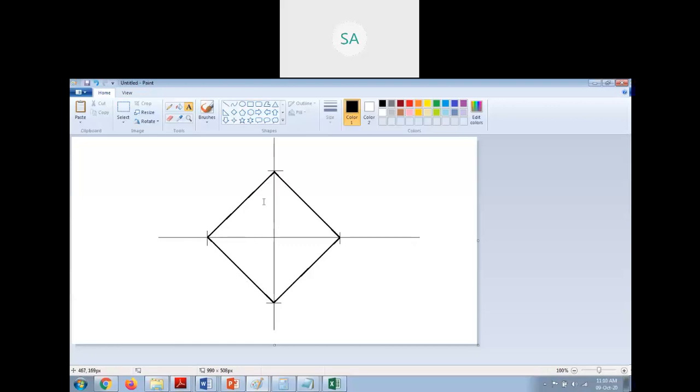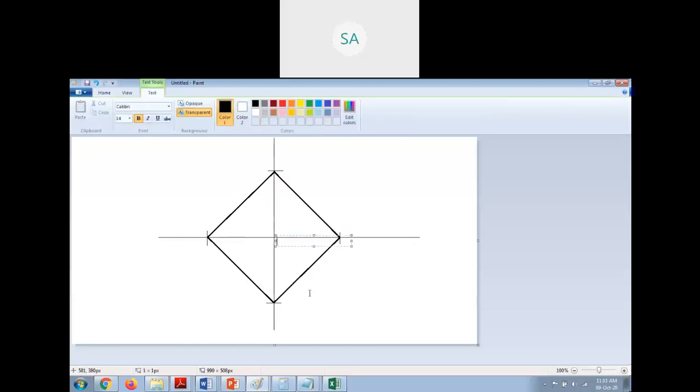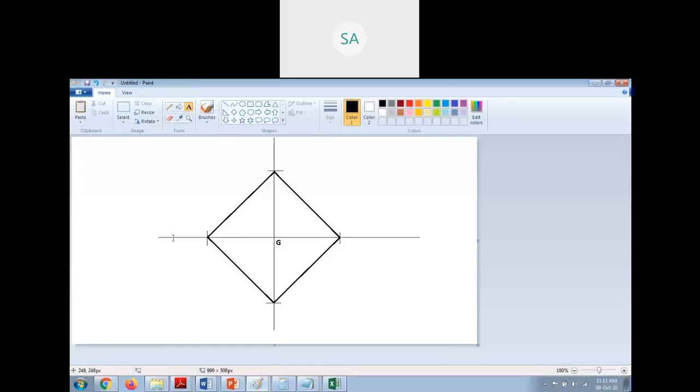Now by symmetry, I can say that the location of the center of gravity is here, and this will be my neutral axis.